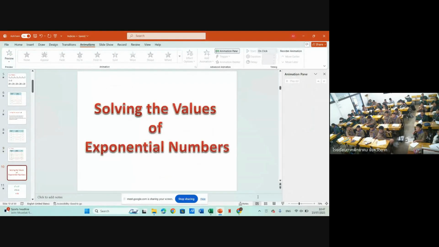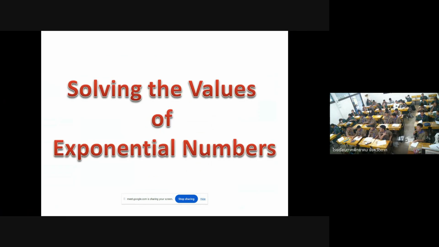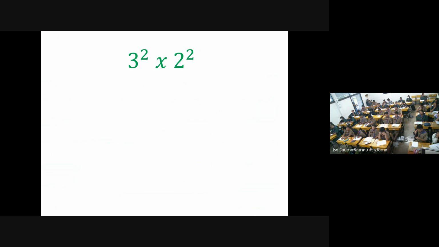Next. We still have 13 minutes. So let's try to solve some of the values of an exponential number. Okay, it's the application, but we're going to use the operation that we studied. What is 3 to the power of 2 times 2 to the power of 2?